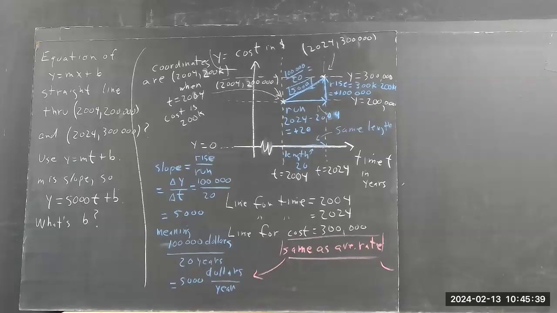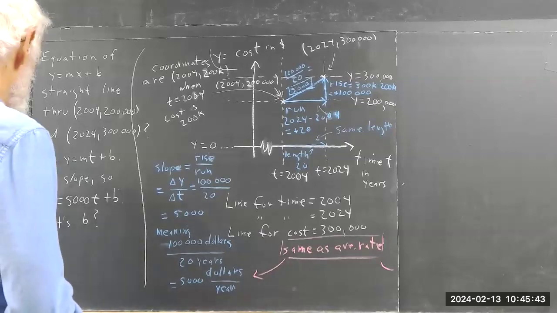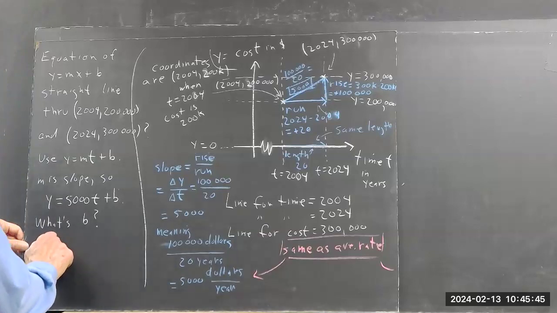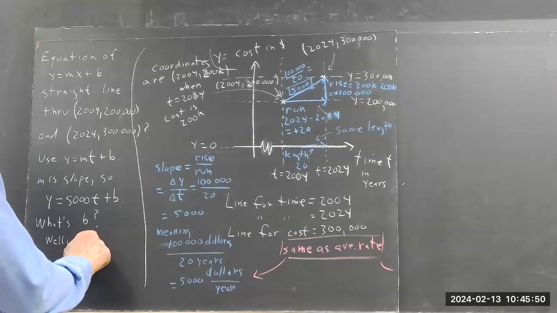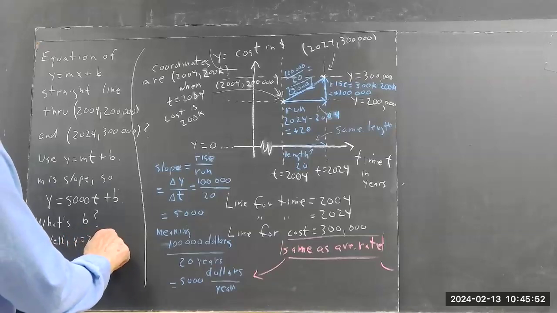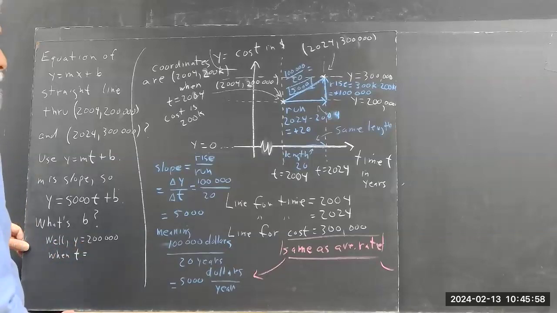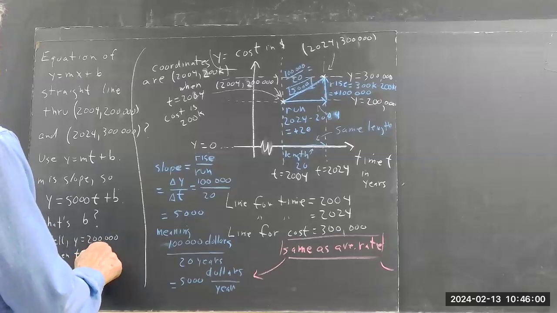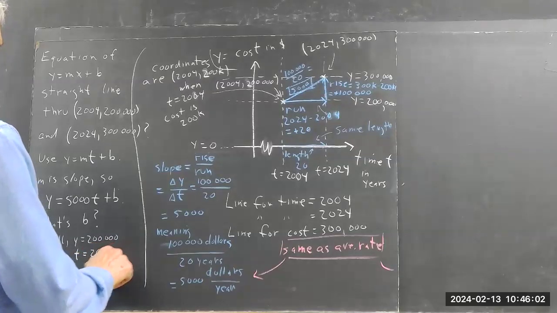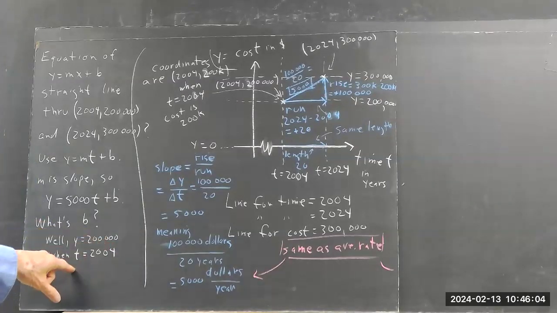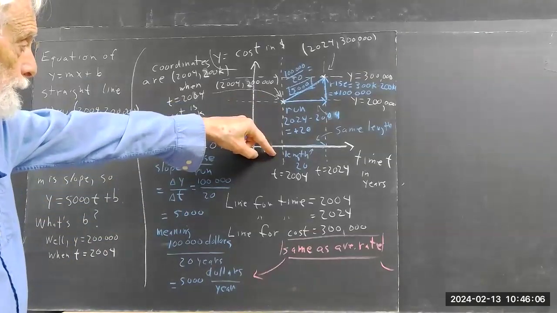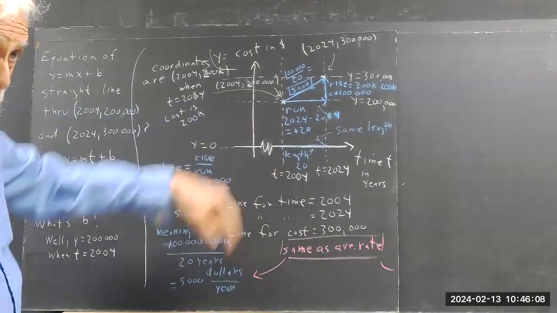Well, one way to answer the question is: y is 200,000, and t is 2004. Okay.